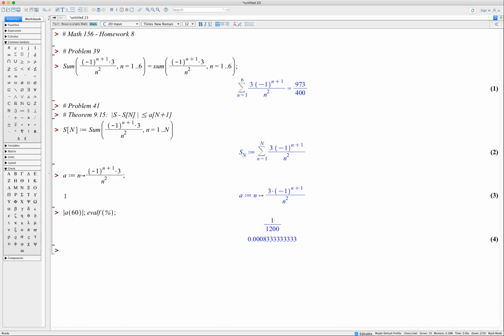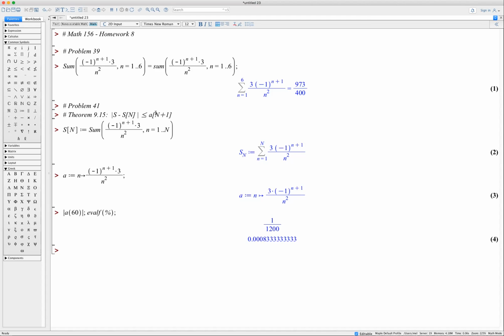So let me just explain. We have this series, and we want to know how many terms we need to take, because we can always add a finite number of terms. There's no calculus there. But you want to know how many terms you need to take so that the partial sum of that many terms of the series is within 0.001 of the correct answer.